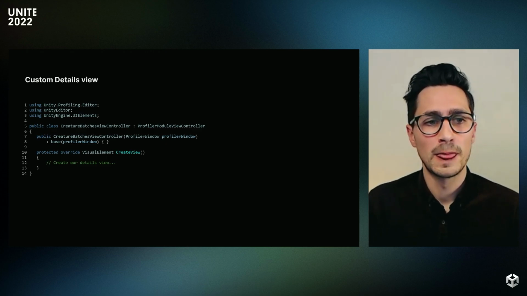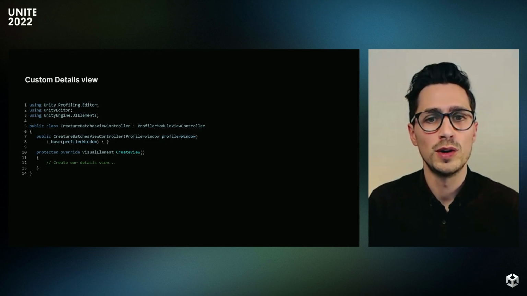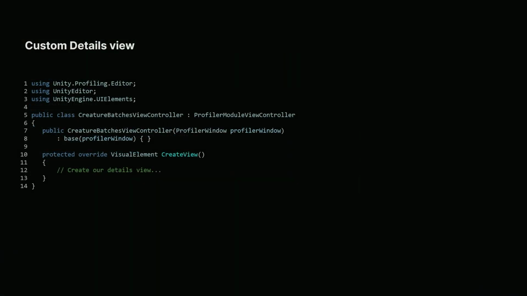So to do this, we start by creating a view controller, which we do by subclassing the profiler module view controller class. The base class constructor expects the profiler window to be passed to it. So we have a constructor that passes one through, and we'll see a use case for this a bit later. Now, we said in the previous slide that the view controller object is responsible for creating the details view.